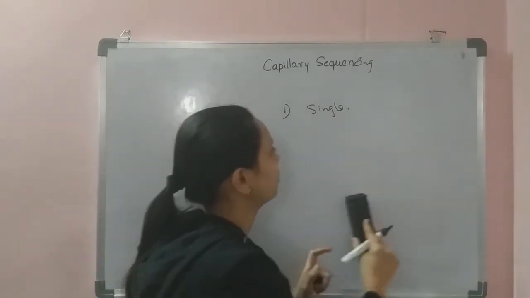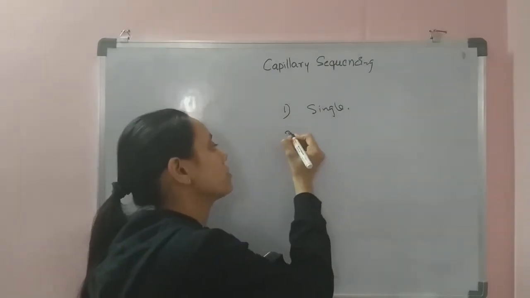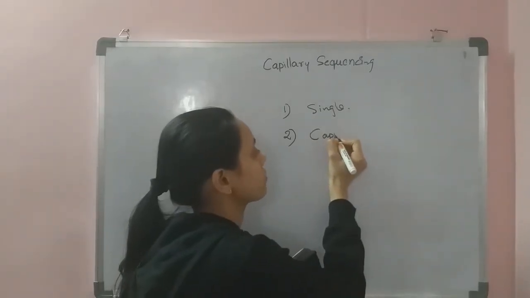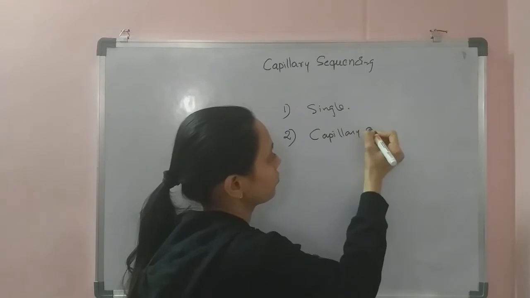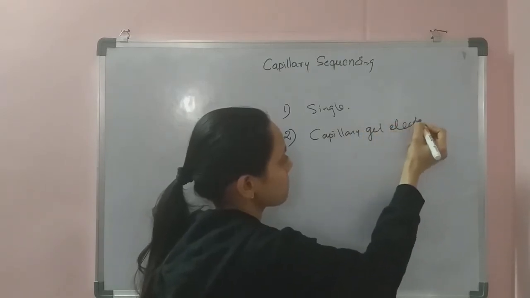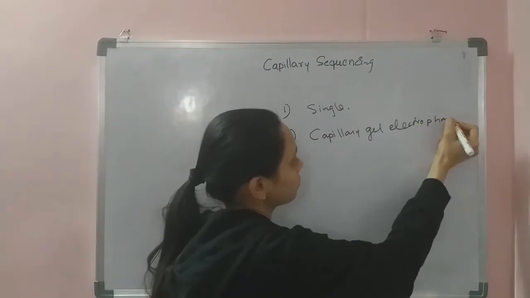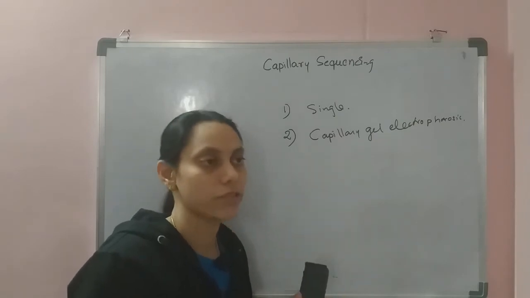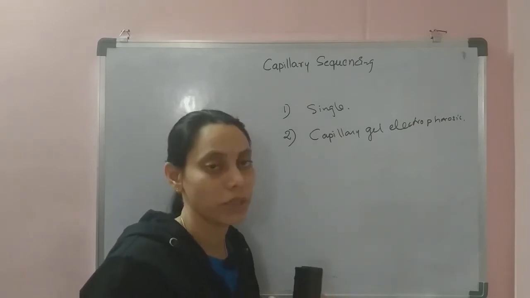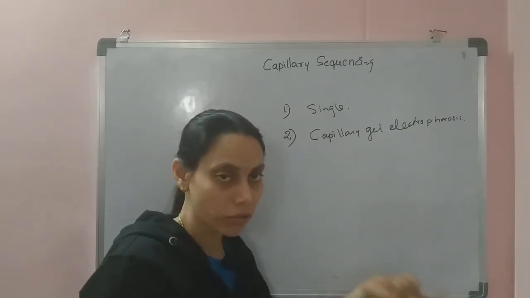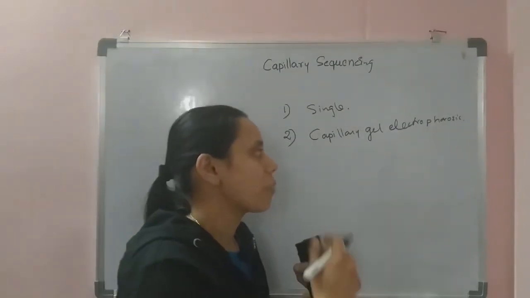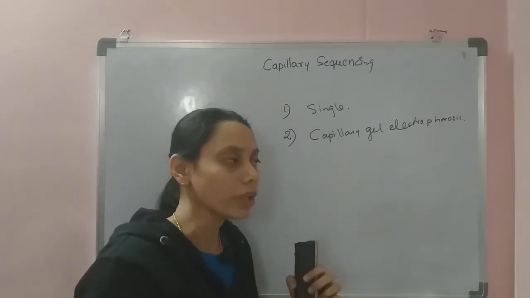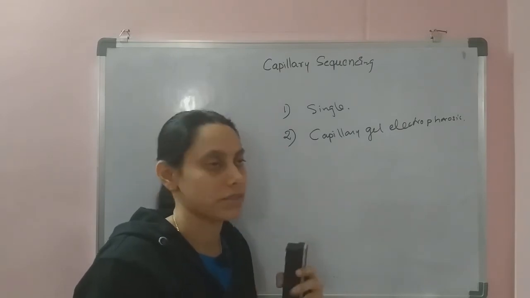And coming to the second difference, here we are going to use capillary gel electrophoresis. Unlike the conventional gel electrophoresis generally adopted for Sanger's method, the capillary gel has a porous matrix which can more efficiently resolve the bands.